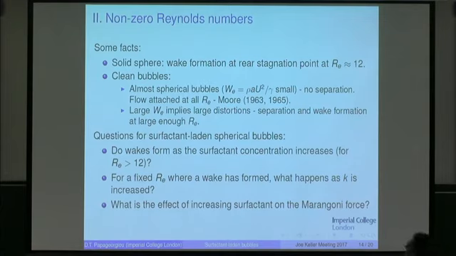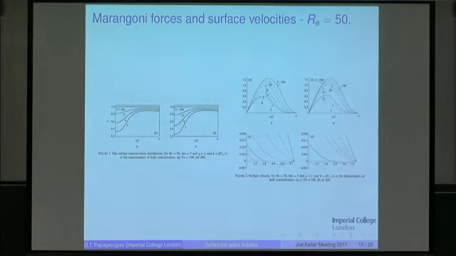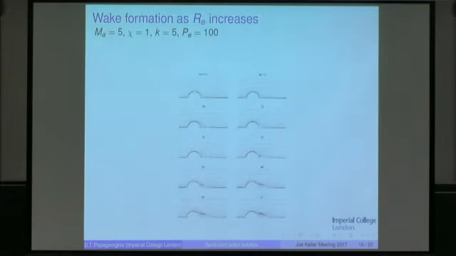And what I want to do is fix a Reynolds number where a wake would have formed if it was solid, and then increase the surfactant concentration to show that we do get wakes in this case also. And then we'll see if we can get rid of the wakes. Okay, in the interest of time, let me not show that.